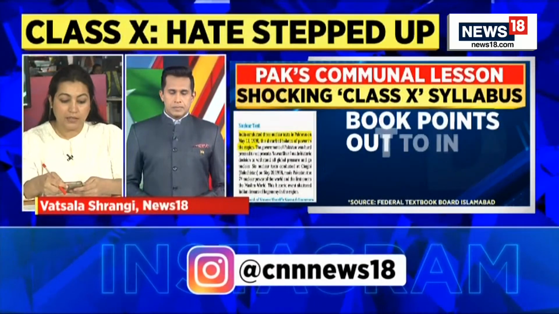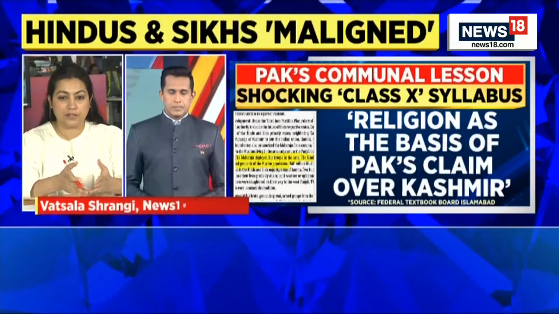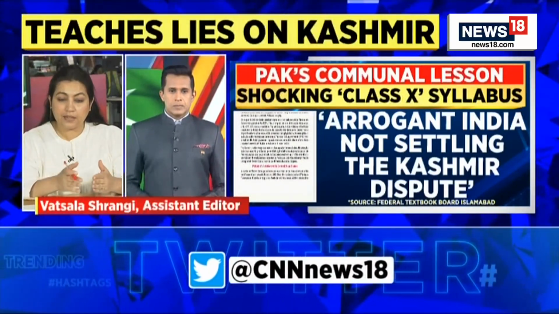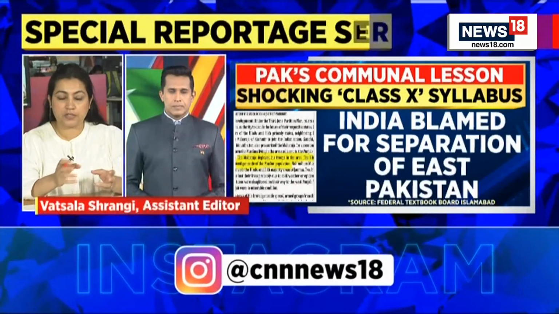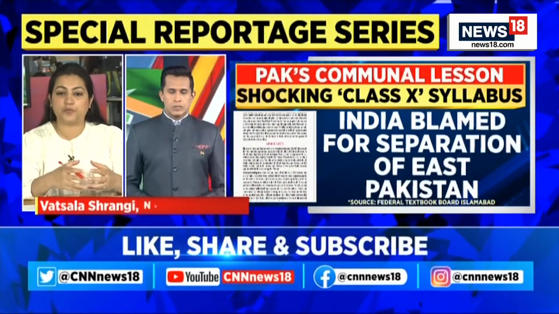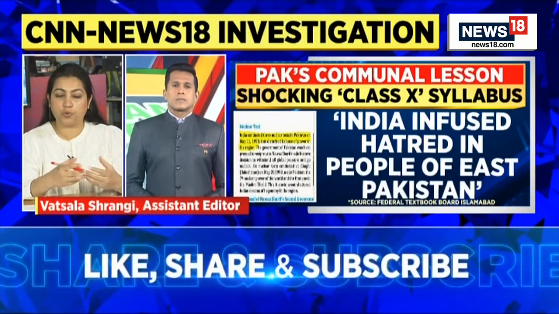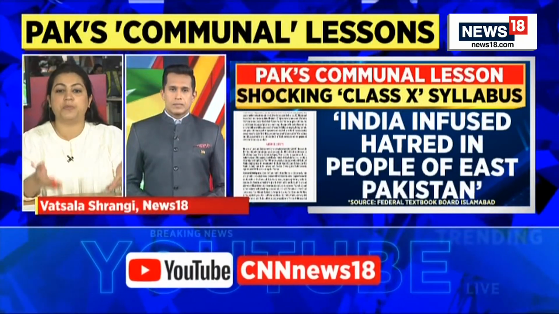That is one. Then organizing genocide of Muslim population is a completely distorted fact, because it does not mention anything about Hindus and Sikhs being killed on the other hand. Then again the book refers, in every other line or so, to India as a hostile neighbor, as a neighbor who's not cooperating, who's not allowing the other side to be, basically.